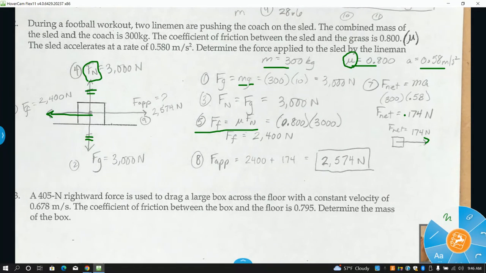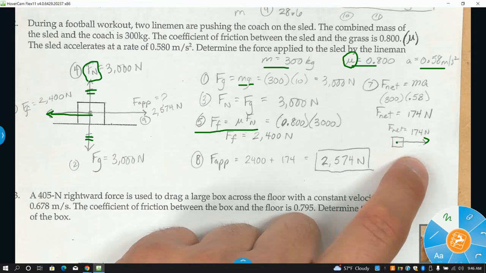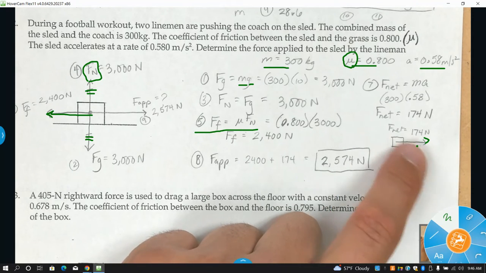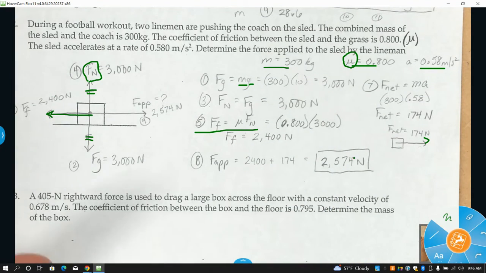And it says that it's accelerating, it's not slowing down, so friction force would not be greater in this case. So I just drew this little piece here that helps me realize visually that the right side, the applied force, has to be 174 newtons greater than the friction force. So that's all I did for the applied force: I added the two together, got this guy here as my applied force, and then I drew it in as my final step.